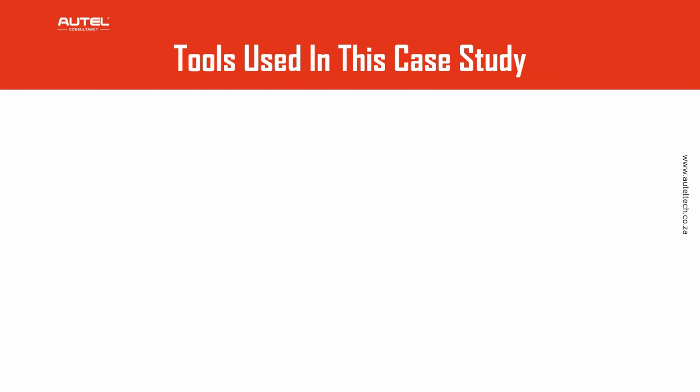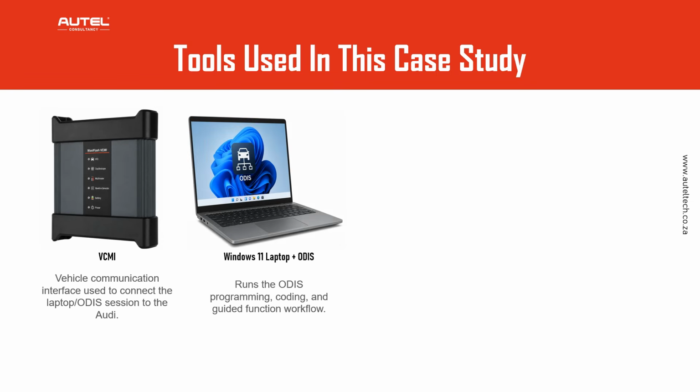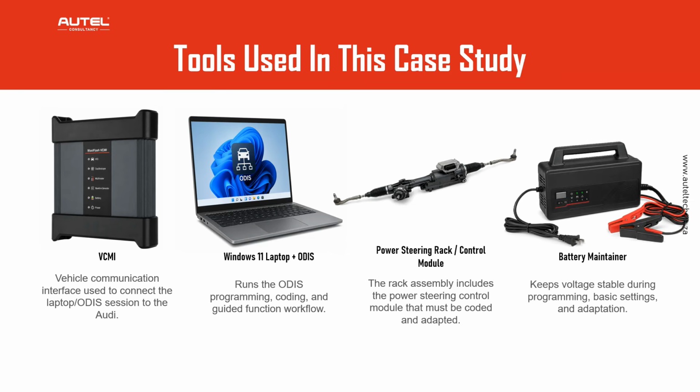Now, the tools used in this case study are the following: the VCMI, or your J2534, Windows 11 laptop with ODIS loaded on it, your power steering rack, and a battery maintainer.